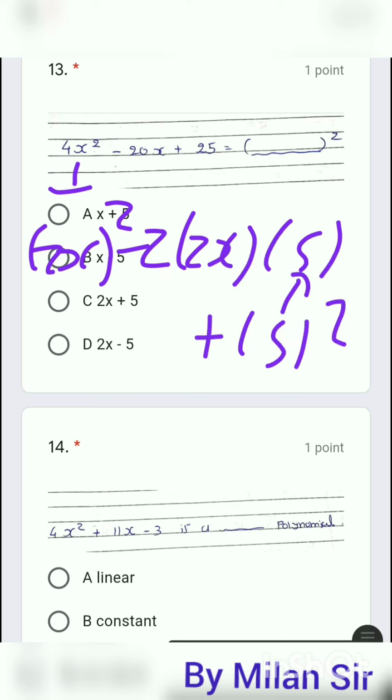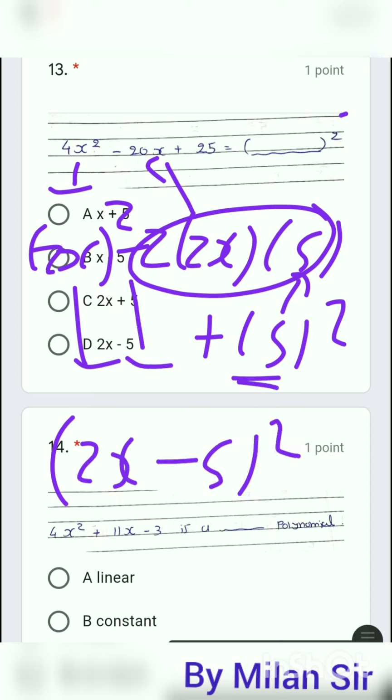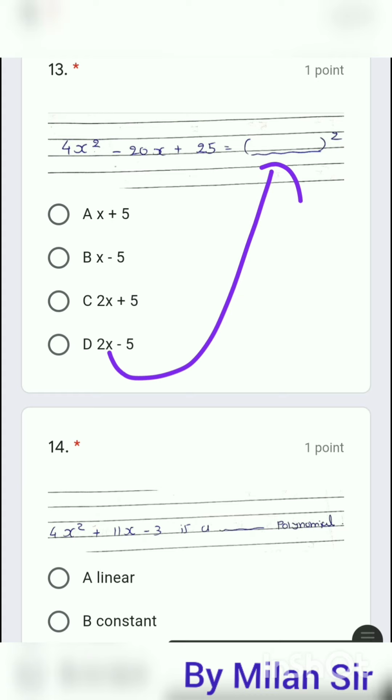From that we can write the identity x minus y all square, that means first bracket 2x, negative sign, and second bracket 5, all square. So we need to write here 2x minus 5, so option D is the correct answer.